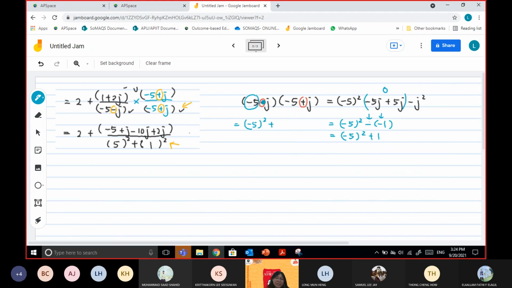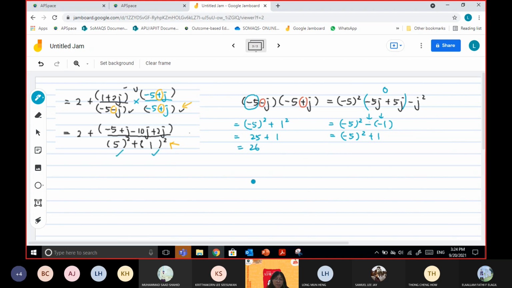Then the coefficient other than j is 1j, both sides also 1j, so I take the 1 square. I have 25 plus 1, which is 26. I can always calculate this way.